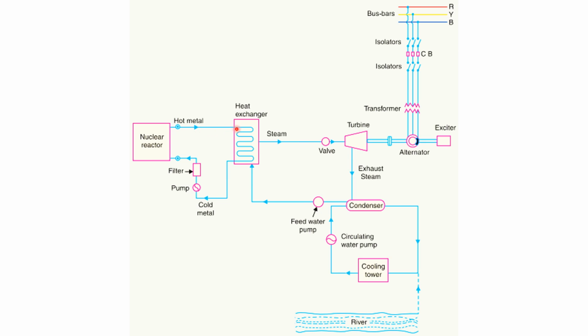This hot metal is then allowed to enter a heat exchanger in which it flows inside the pipe, and water is also injected from a water source, which may be a river, via a circulating water pump and a feed water pump, and it is injected into this heat exchanger, and it removes heat energy from this hot metal, again making it cold.